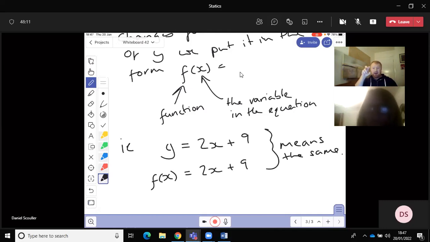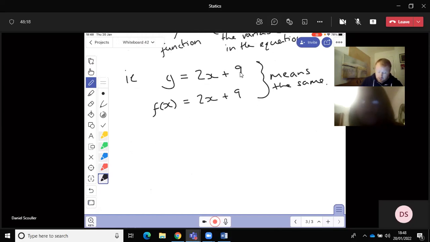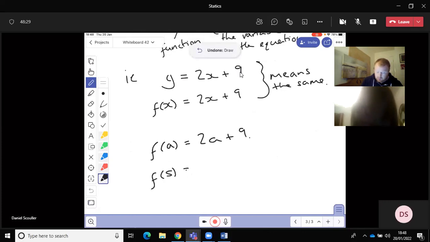So that letter in the brackets is going to be the variable in the equation. It doesn't have to be x, it could be a. So function of a, and then the variable in the equation would be a, or function of s, and the variable in the equation would be s. Those letters will line up. So it's a function of whatever variable, and it's just another way of writing it out.